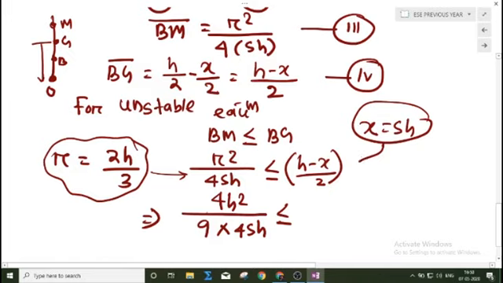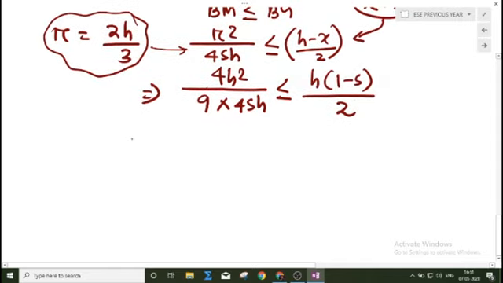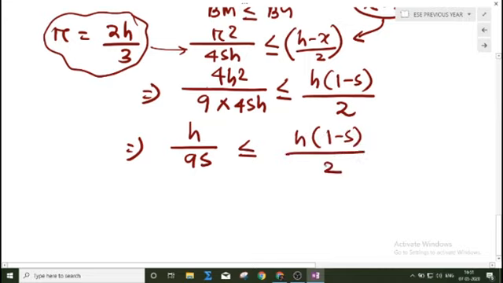I put that in. Taking h common, this is (1 minus s) divided by 2. Now you solve this equation and you will get your answer. If you solve, it comes out to be h divided by 9s is less than or equal to h into (1 minus s) divided by 2.